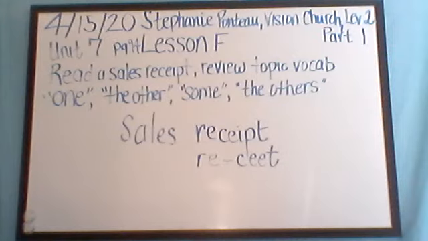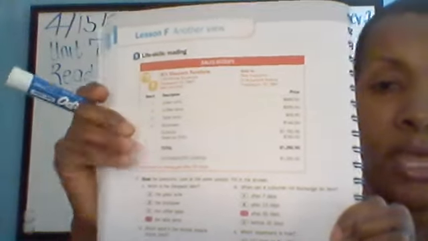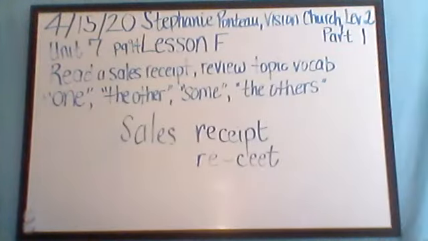Let's look at that sales receipt. Look in your student book at page 94 at this sales receipt right here. Lesson F, Another View. Exercise 1, Life Skills Reading. So we've got a sales receipt right there. All right, so let's look at this sales receipt.